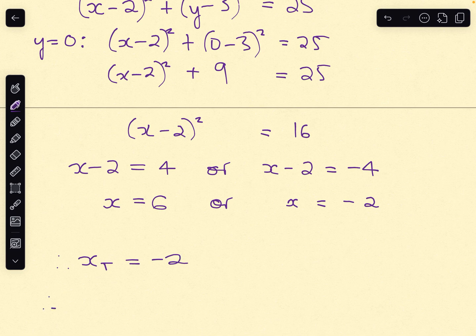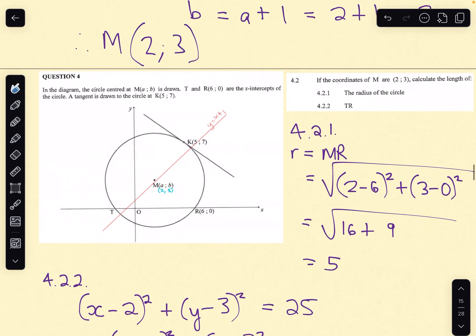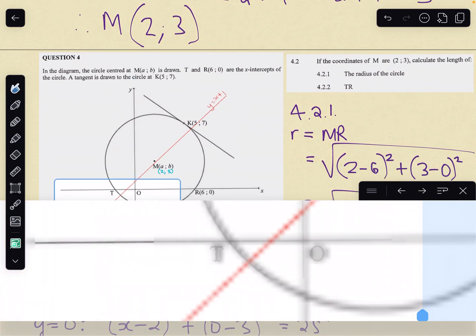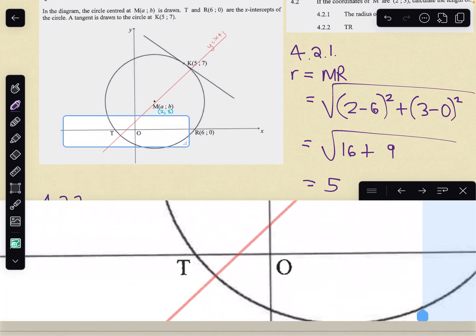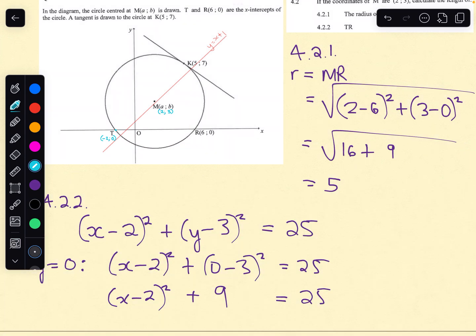Right, and so therefore, to find the length of TR, we now know that the coordinates of T are negative 2, 0. So the length of TR, since this is a nice horizontal line, we don't need to use the distance formula.